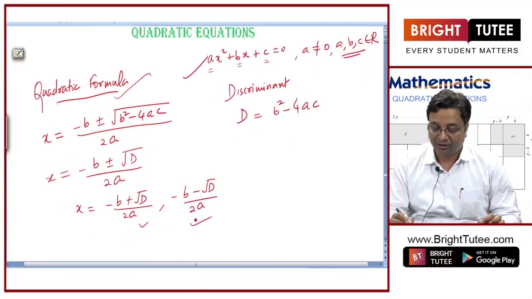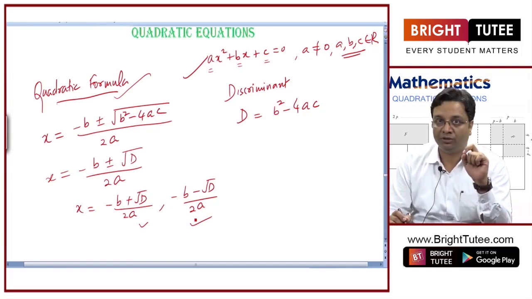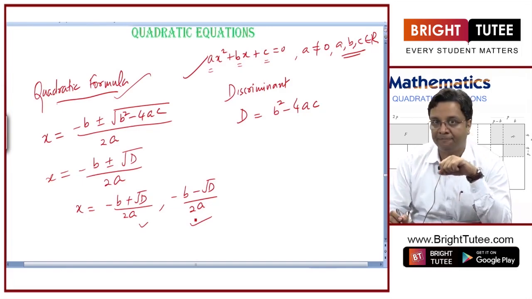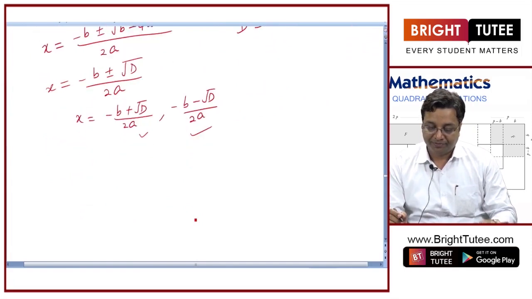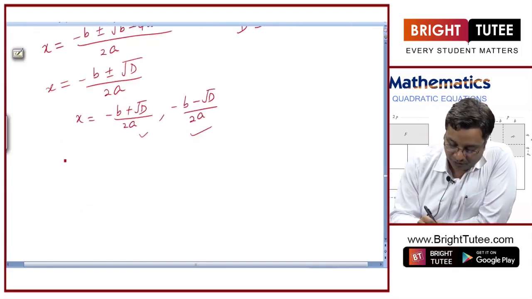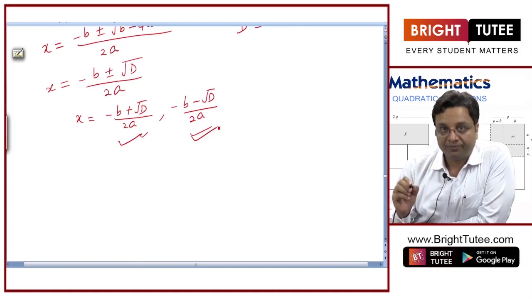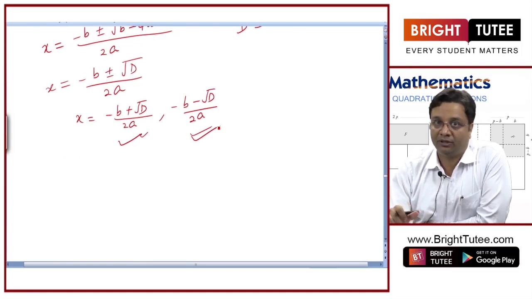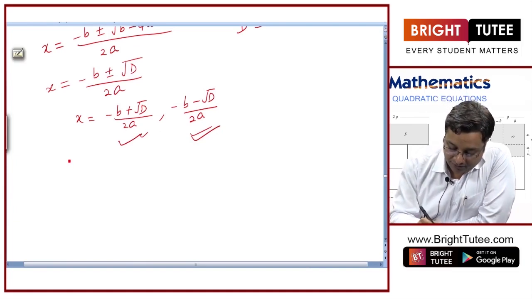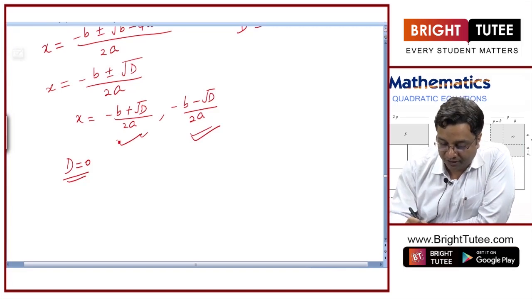Now we need to discuss the nature of these roots depending on the values of d. First of all, these are my two roots. Let's see whether these are distinct or equal, whether these are real, unreal, or what. If I take d equal to 0, this value will become minus b by 2a.